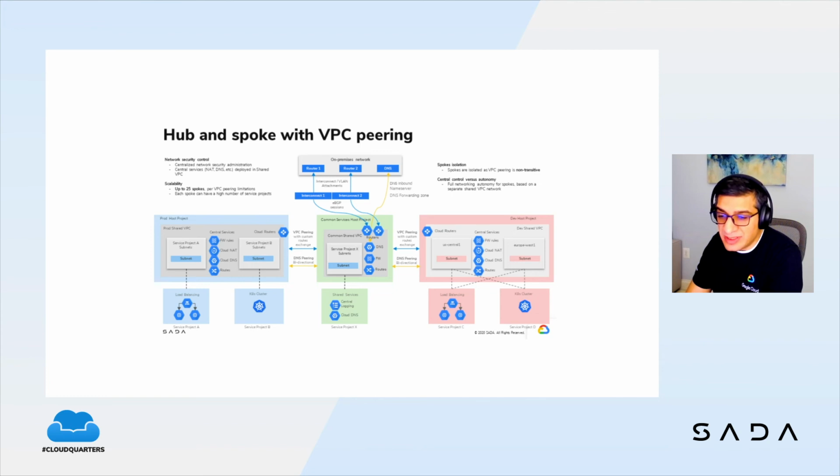So this is a common design model, and it provides network segregation. But one of the limitations of this design is that the 2 spokes here, the blue and the red, cannot talk to each other through peering because VPC peering is non-transitive. So for use cases where customers want to enable that, they can use our Cloud HA VPN offering, which supports connecting 2 VPCs together using VPN managed endpoints on both sides of the connection.